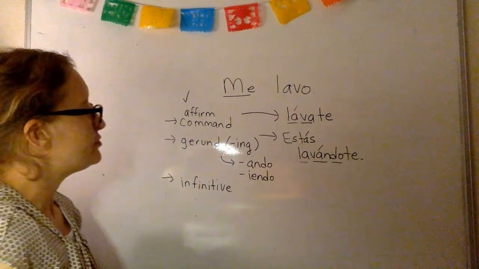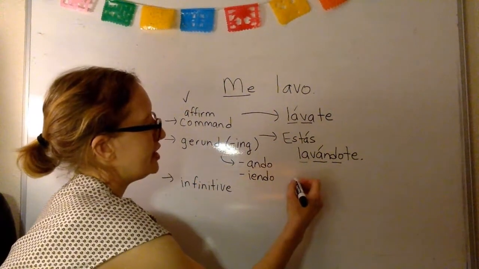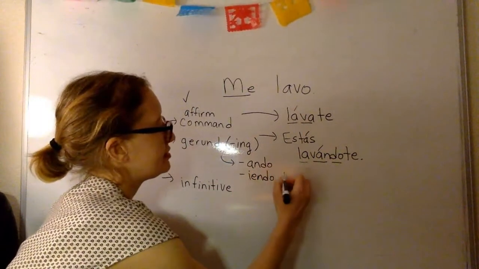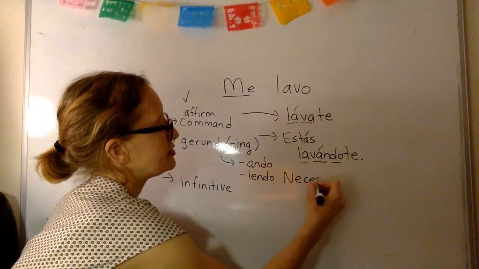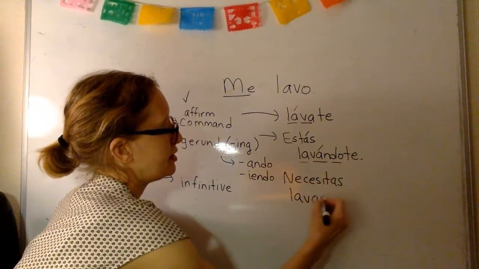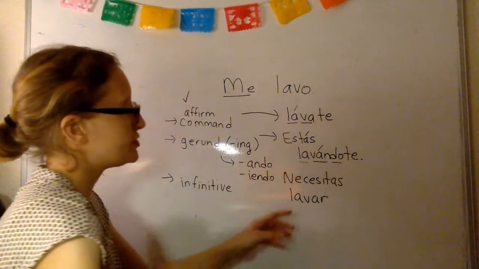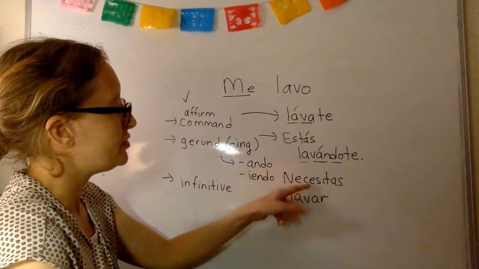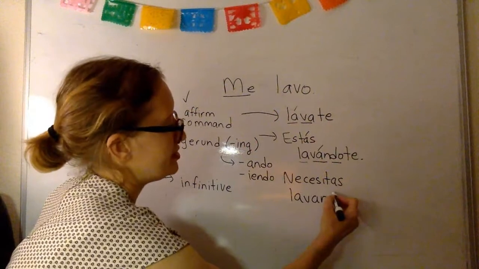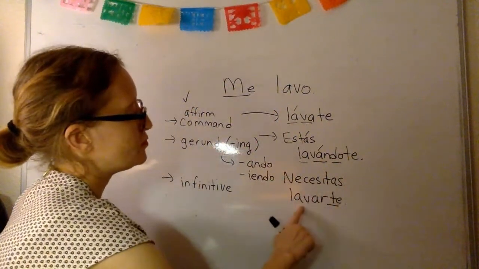And finally, if you just have an infinitive, like you need to wash yourself, necesitas lavar. You need to wash yourself, necesitas lavar. Again, the te comes at the end. You need to wash yourself.